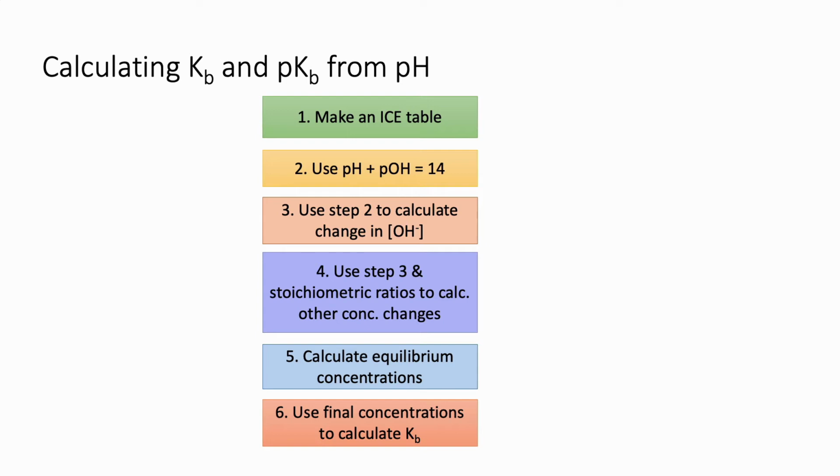So remember, when we did acid, we used the pH to calculate the change in the H plus concentration. So we've basically had to throw in an extra step there. Then the rest of the steps are exactly the same. You use the stoichiometric ratios to calculate the other concentration changes. You calculate the equilibrium concentrations and then calculate Kb from those concentrations.